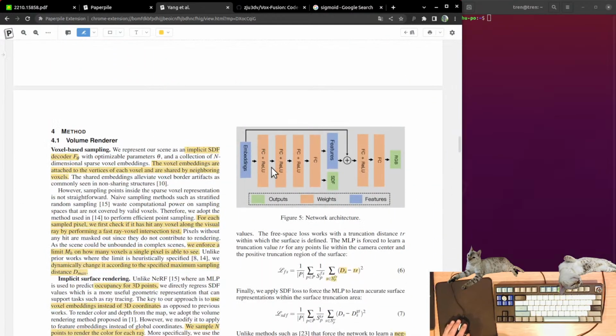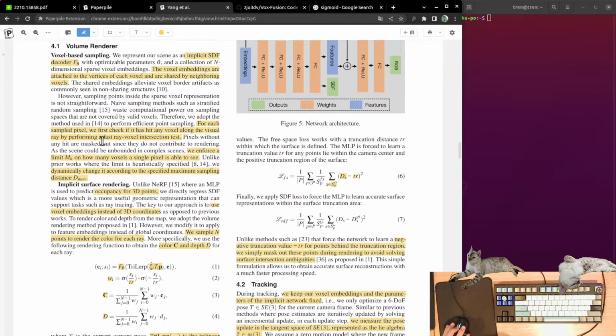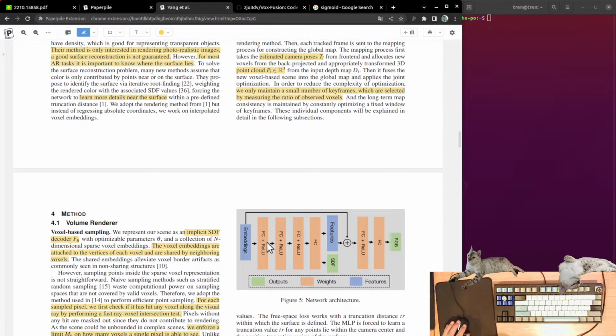So the embeddings that are coming in here are the voxel embeddings, which represent the position in space relative to other voxels, but also more information, right? There's probably information about the scene and about what's in that scene. They feed that through these 4 fully connected layers.